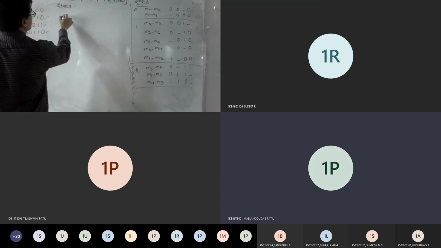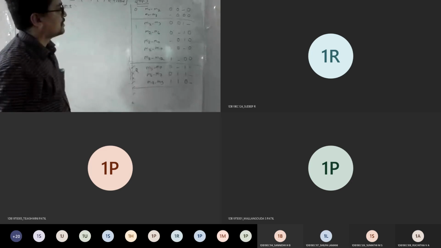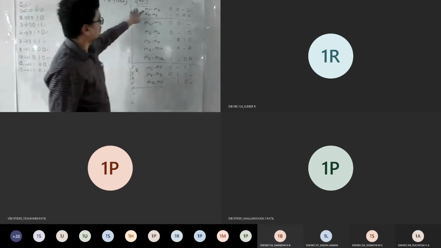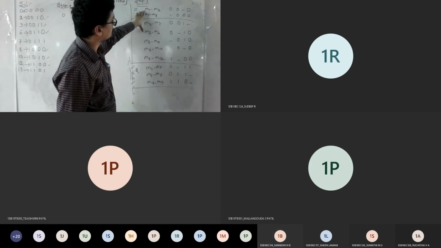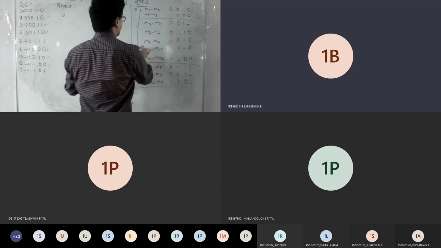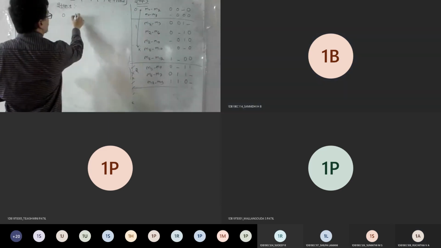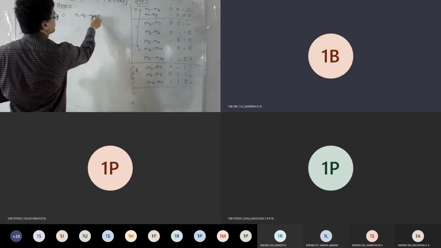Step 4, I will directly write the answer. Group 0. Check out the possibilities. So M0, M2, M2, M30 is not possible, right? Next. M0, M2, M8, M10. So there are no possibilities, right? No, sir. M0, M2, M8, M10.